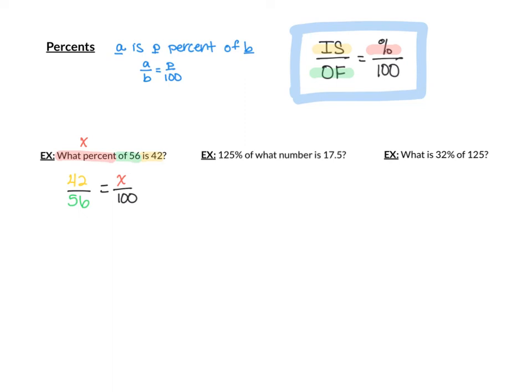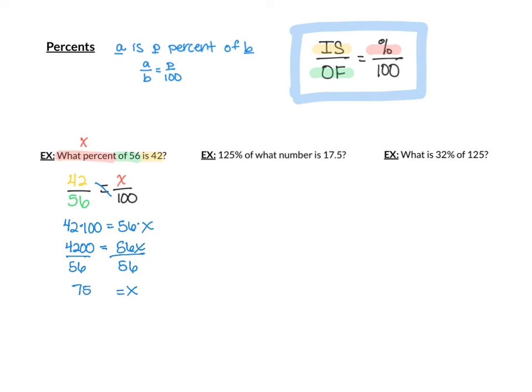When I solve and do my cross product, I get 42 times 100 equals 56 times x. So 4,200 equals 56x. To solve, I get x by itself by dividing by 56, and we get x equals 75.